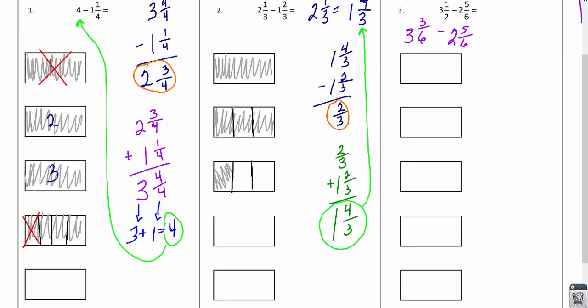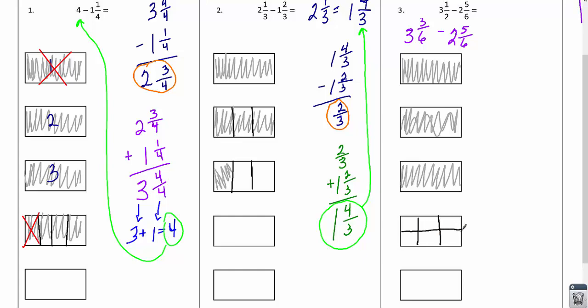So each time we're going to start by just shading what we have. This tells us we have 3 wholes, and then 3/6. So I need 6. The way I find easiest to make 6 so they're not little tiny pieces is I make thirds and then I cut those thirds in half.